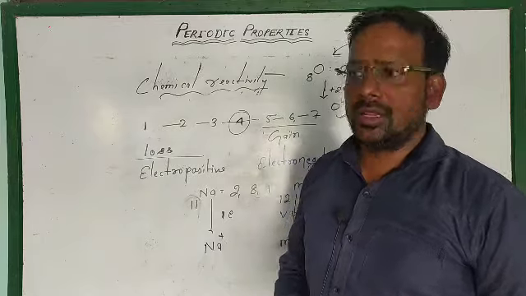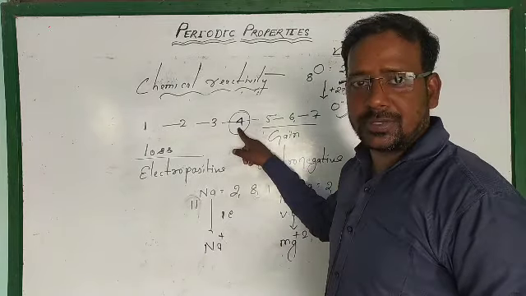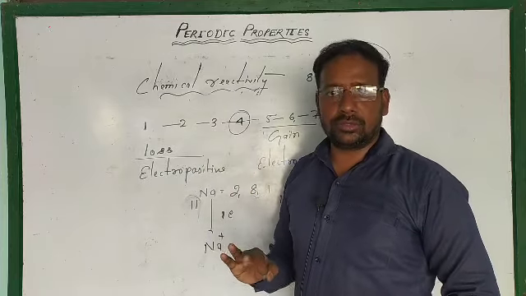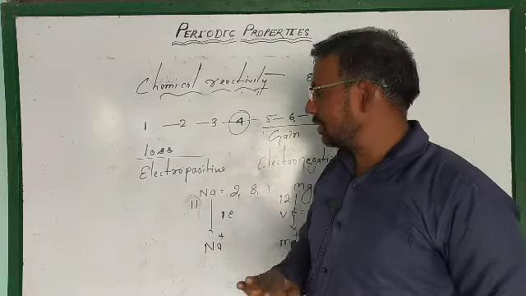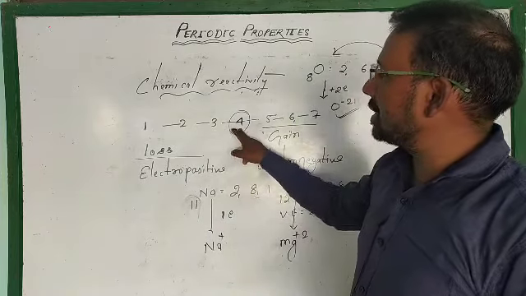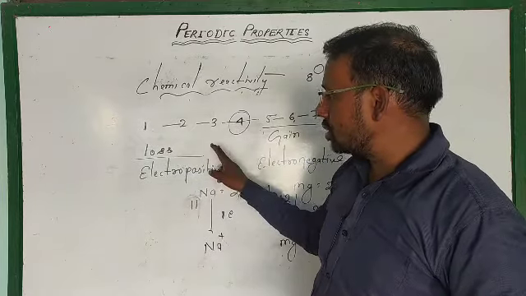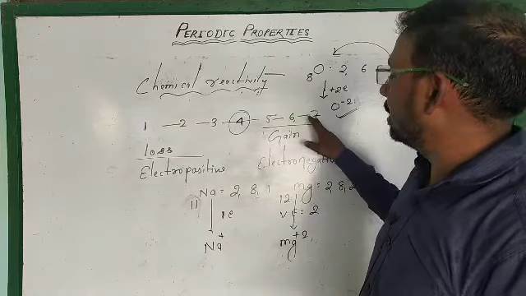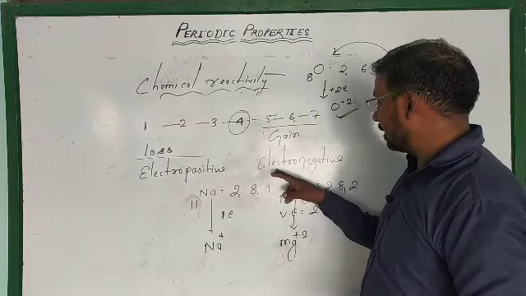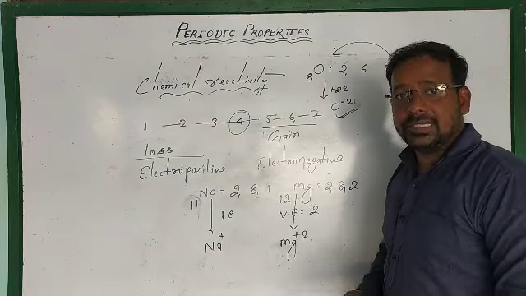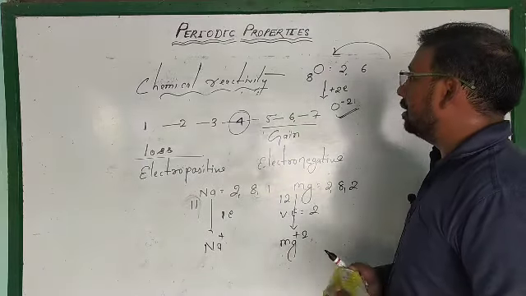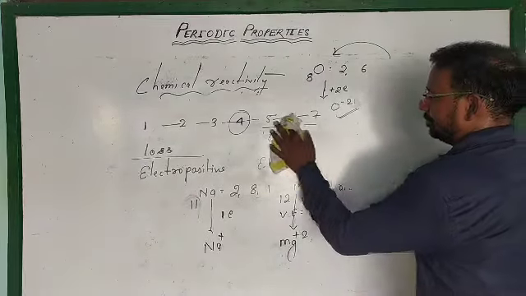You know very well what metalloids are. They will share electrons and form covalent bonds. I will make you understand later. If they have less than 4 electrons, they will lose them and are electropositive. If they have more than 4, they will gain and are electronegative elements. Please keep this in mind; this is the main thing to know chemical reactivity.